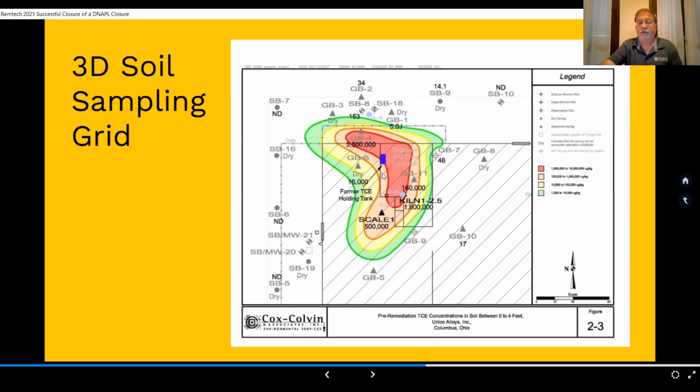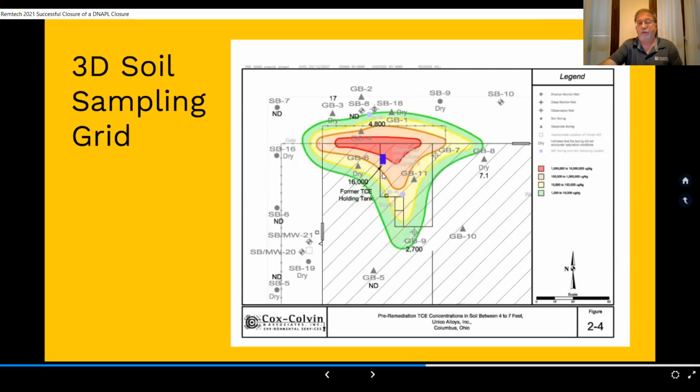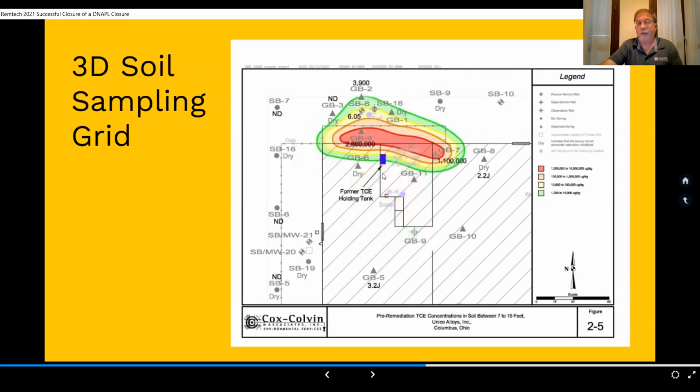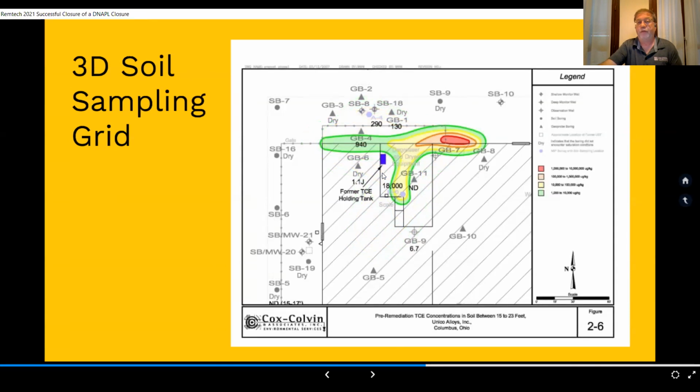And this is what the concentration looked like around 1 to 3 meters. This was at 2 meters. This was at around 3 to 4 meters. And this was around 7 meters deep. So you can see it went down pretty deep.